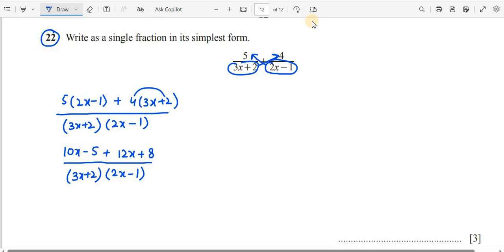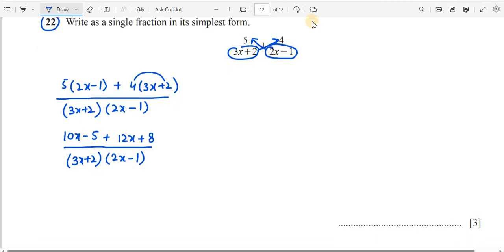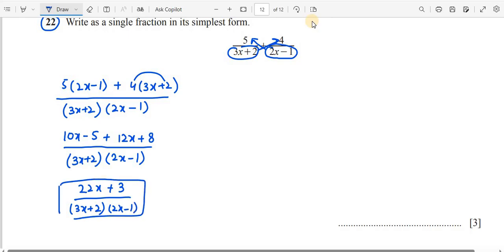So add like terms, 10x plus 12x equal to 22x, 8 minus 5 is equal to plus 3, over 3x plus 2 into 2x minus 1. This is our final answer.